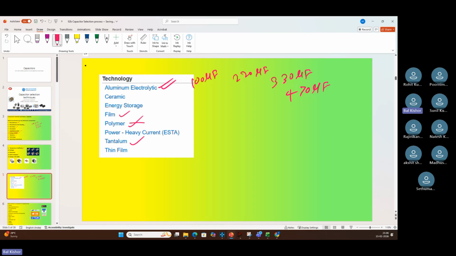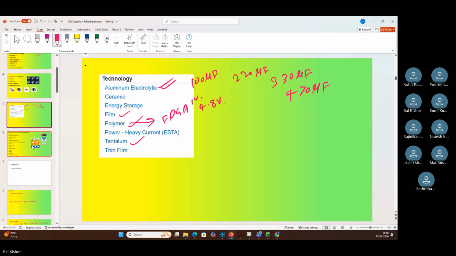Polymer capacitors are very widely used in FPGA circuits where, let's say, you have 1 volt requirement, so there you can utilize 4.8 volt or so capacitors, and they will be very stable. They do not go down. Okay. We'll show it to you.